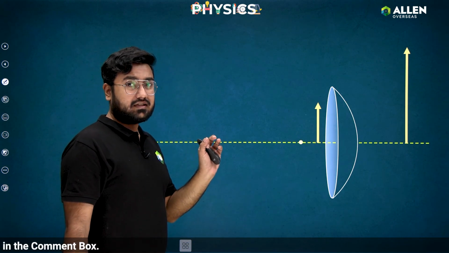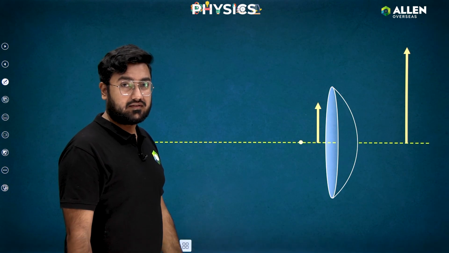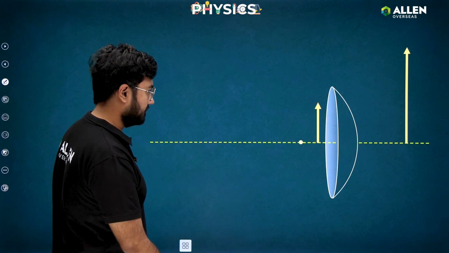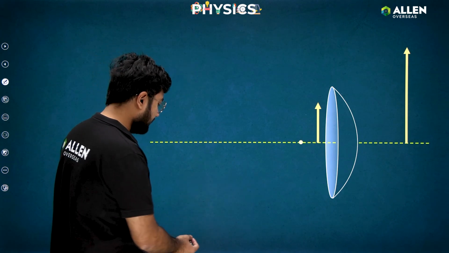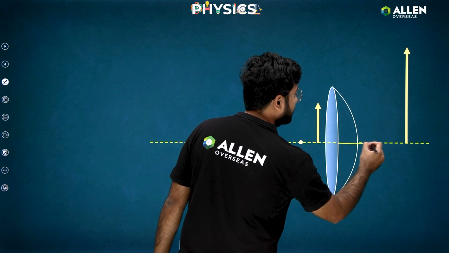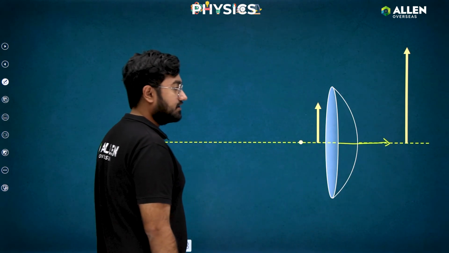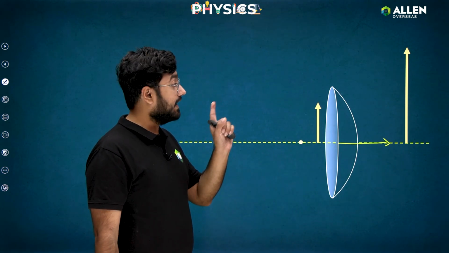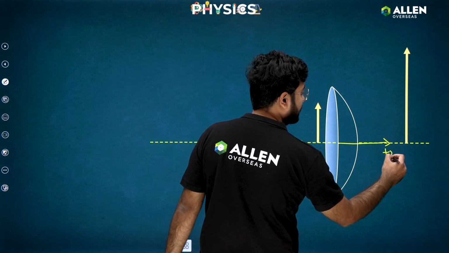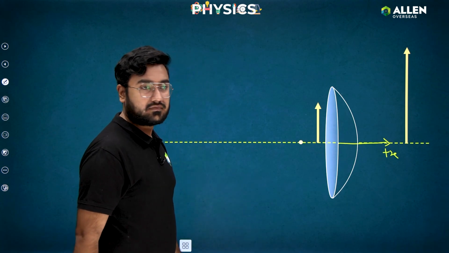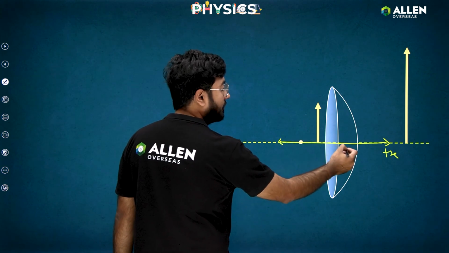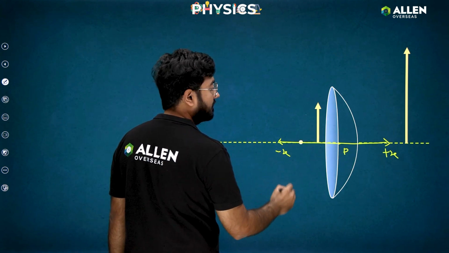Now before we directly dive into the graphical concept, let us first talk about sign convention a little bit. What we actually do in sign convention is take the direction from where light is coming as positive x direction, and the direction opposite to it with respect to the pole as negative x.